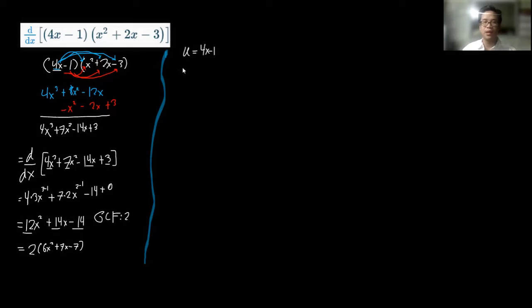And du means the derivative of u. Let's derive. If you're going to derive this one, just remove the variable and copy the coefficient, which is 4. This one is just a constant term, so this would be 0. Therefore, you have 4. Next is your v. Your v here is x squared plus 2x minus 3. And let's get the derivative of your v.